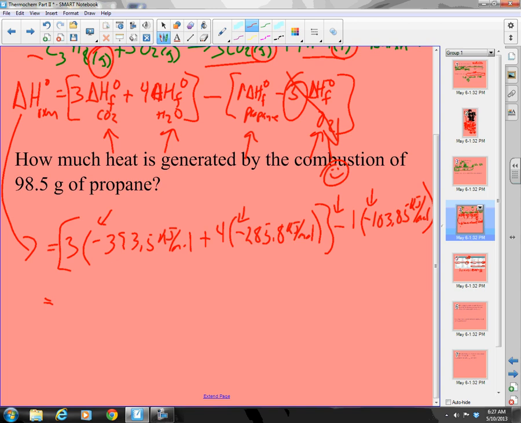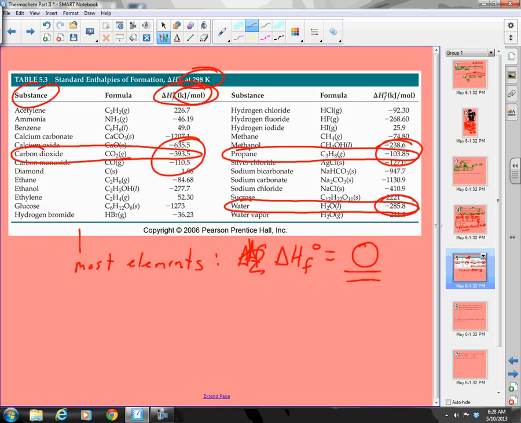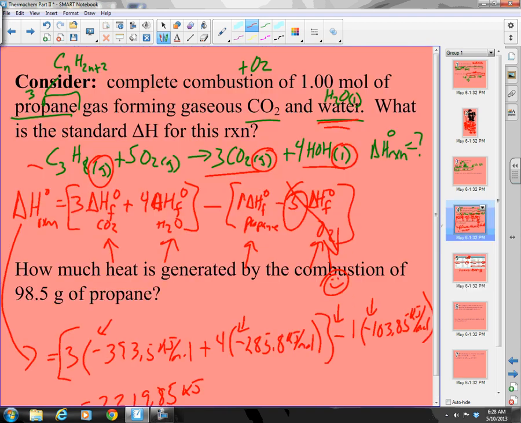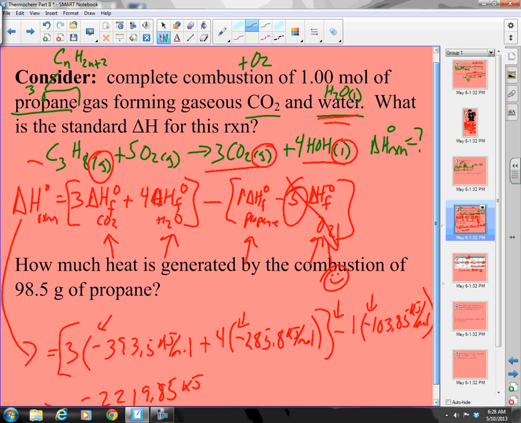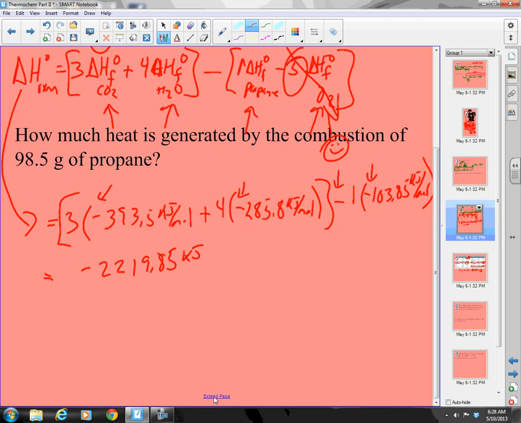Minus a negative, which is really a plus, 103.85. And I get negative 2219.85 kilojoules per mole of reactant. Let's make sure I did everything right. Everything looks right to me.